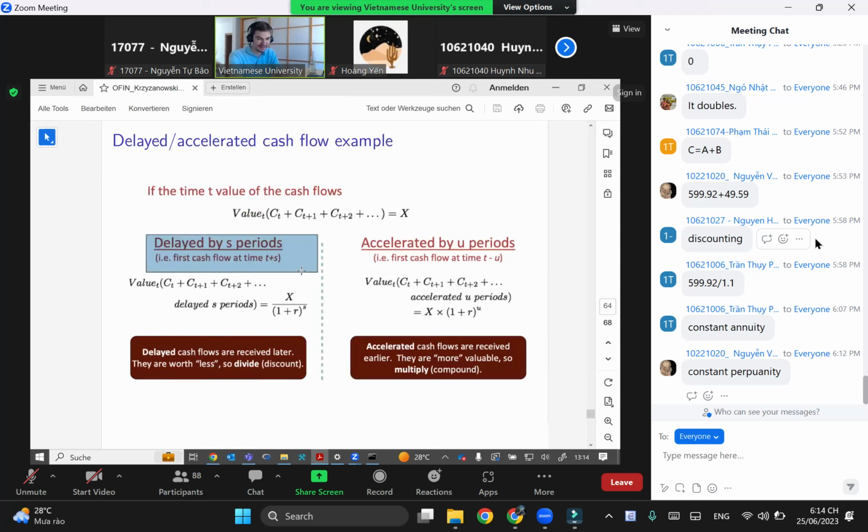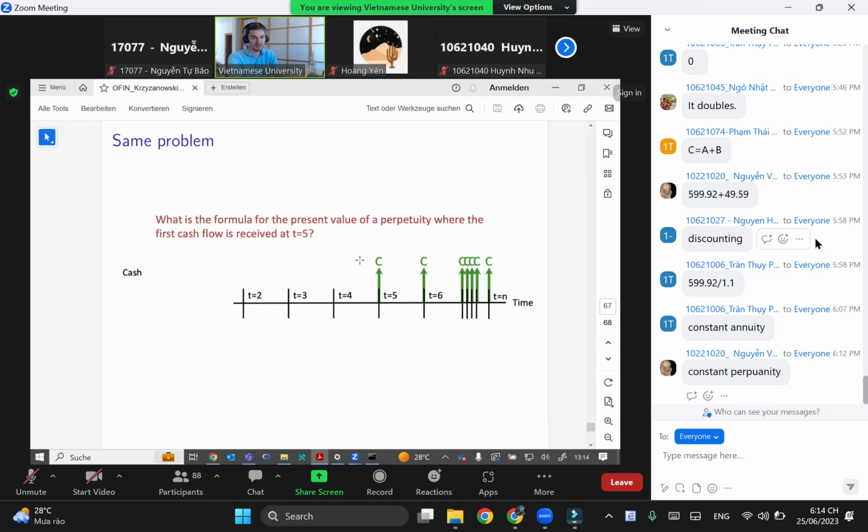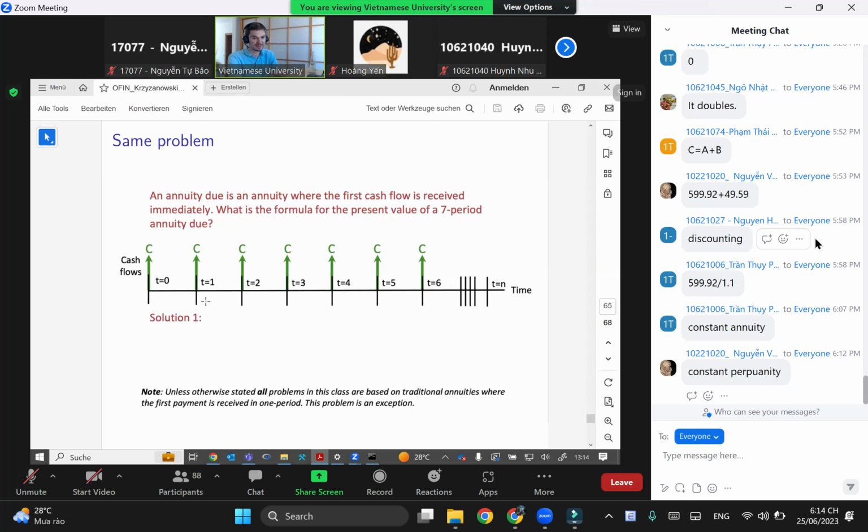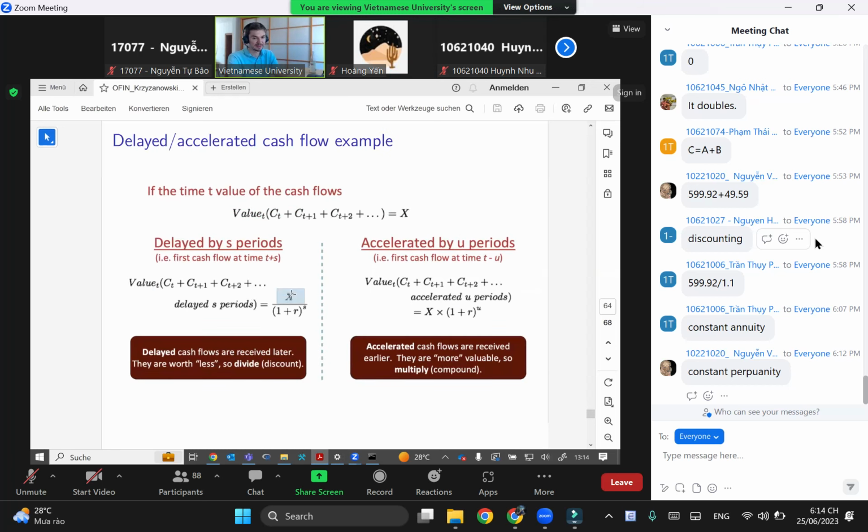If we have a delayed stream of payments and we assume they are perpetual, we would use the formula of a constant perpetuity to calculate the value of x.